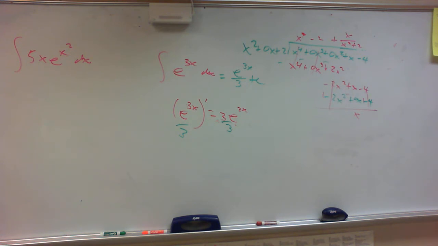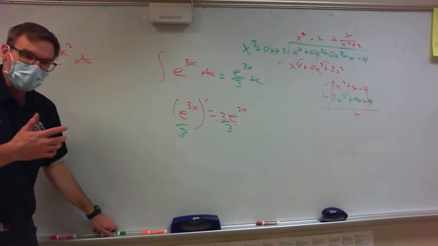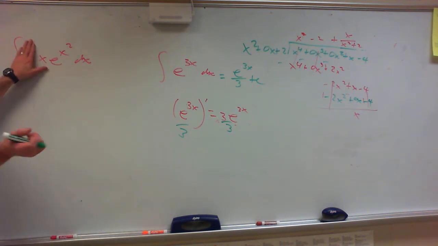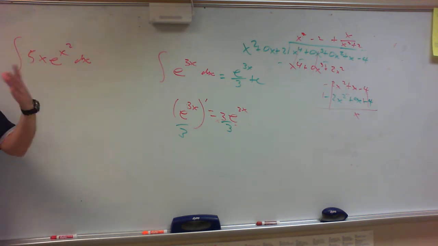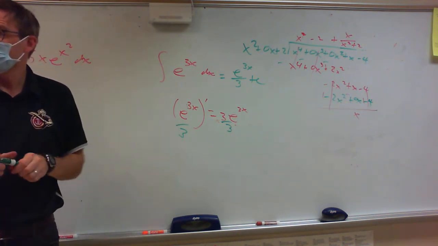First, does the 5 do anything? No, it's just decoration, right? So you ignore it. What's a reasonable guess? Are we okay with e to the x squared? So in my mind, when I look at this, I ignore the 5, right? Because I know that's just decoration. Anytime you're multiplying by a number, it's just decoration.